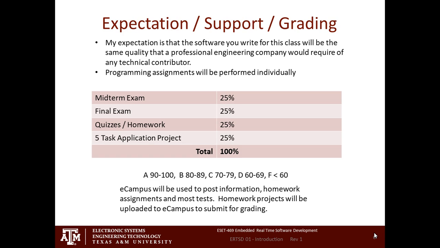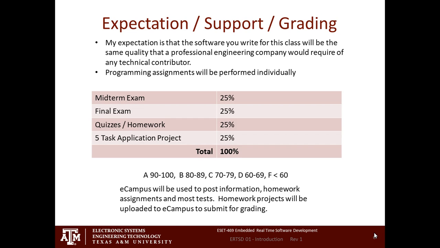Programming assignments: I'm not going to have you sit down in class without reference materials and write code. Not going to happen. So, back to your grades. 25% is the midterm, which will be on eCampus. Your final will be on eCampus, and you'll have several days to do both. You're going to have quizzes and homework assignments.